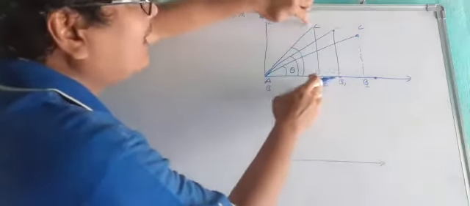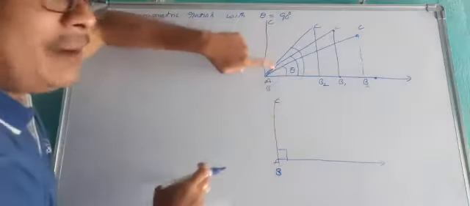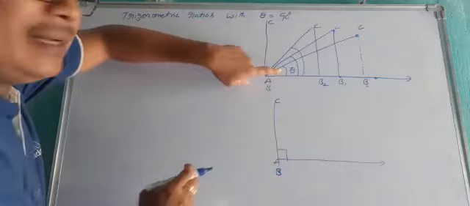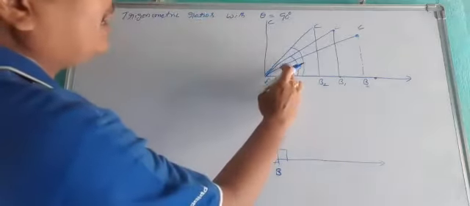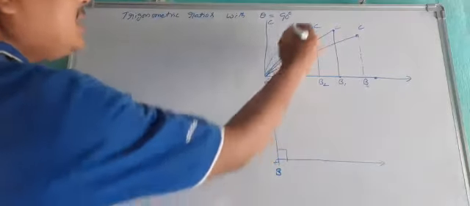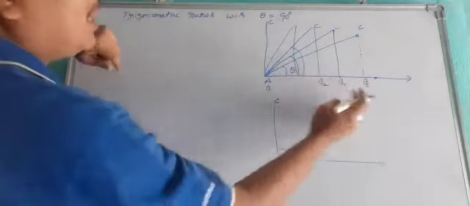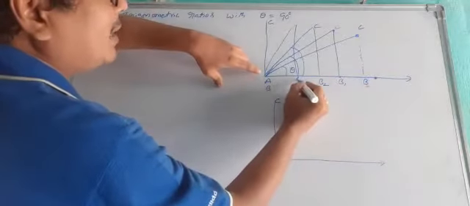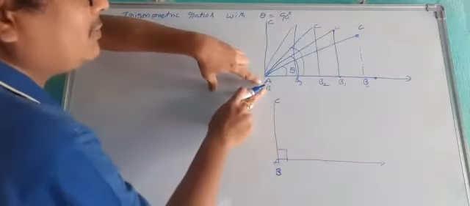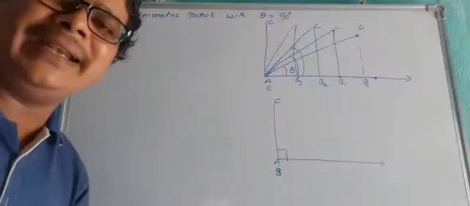As the length of BC increases, automatically the angle made at A also increases, like 30, 40, 50, and another time 60. After some more time, B coincides with A, and you get the angle at A equal to 90 degrees.